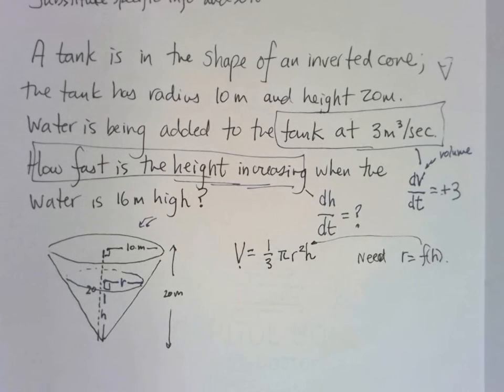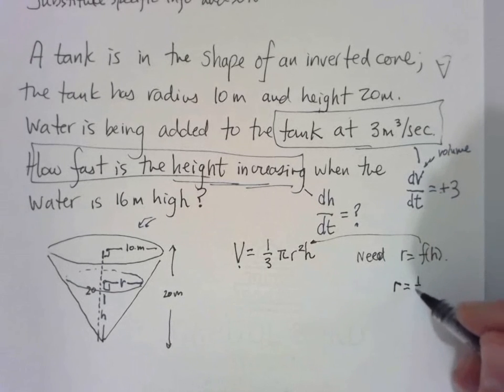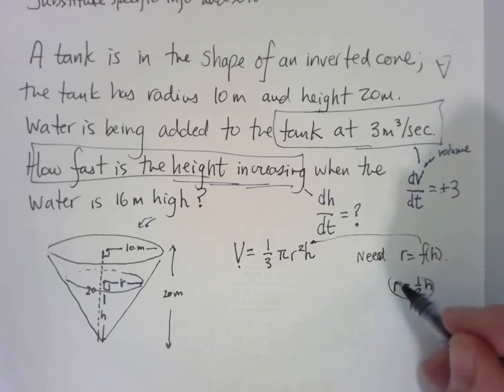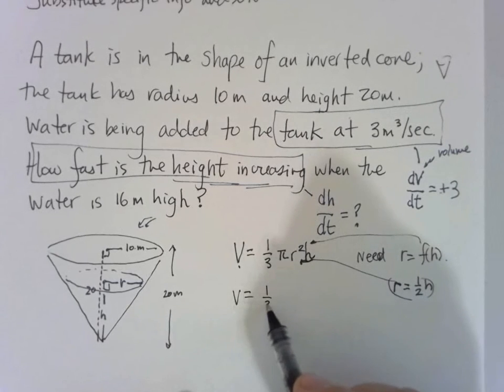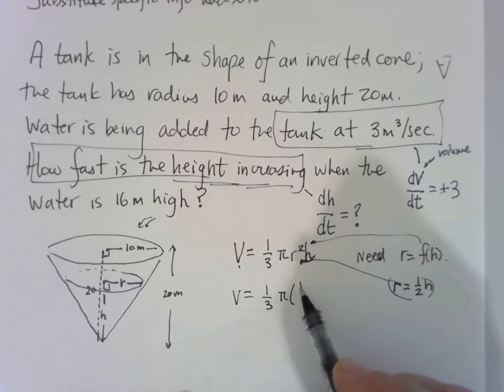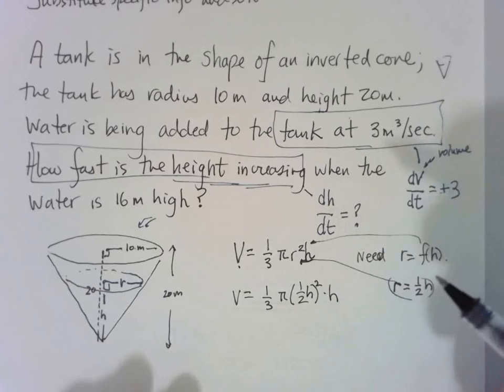So the geometry of the cone and the similar triangles tell me the radius is always 1/2 of the height. So that's going to go in for the radius. I get V equals 1/3 pi (1/2 h) squared times h.